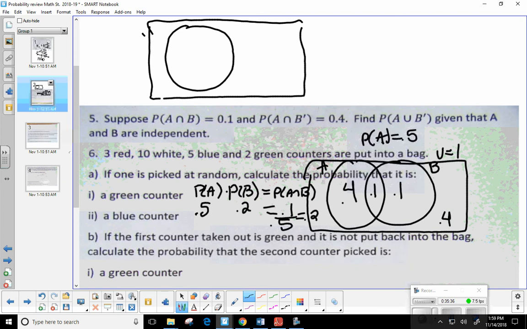So this times this equals this. Oh, this one isn't a yes or no. We want to find the probability of the union of A and B's complement, given that A and B are independent. So we just want the probability of A union B complement.